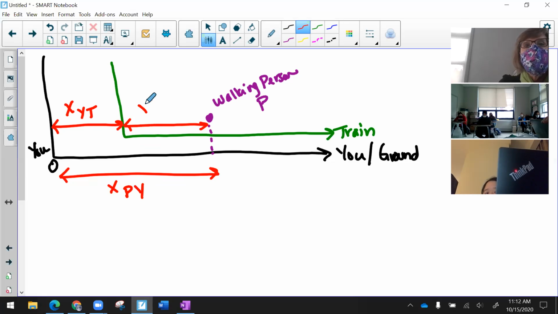And then we can also label the position of the person with respect to the back of the train. So there's another coordinate system that starts at the back of the train. Everybody understand what I'm labeling?